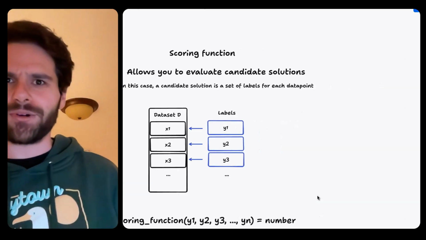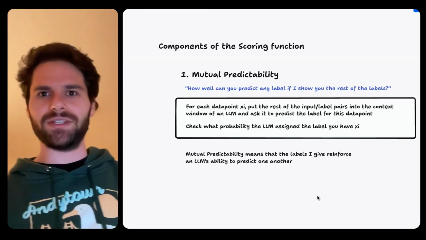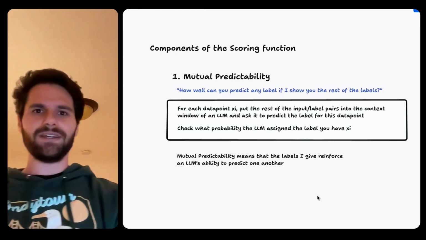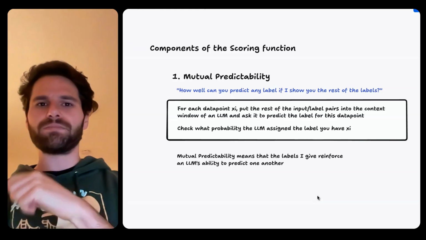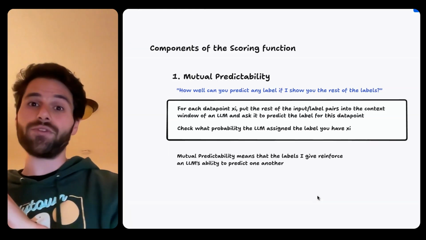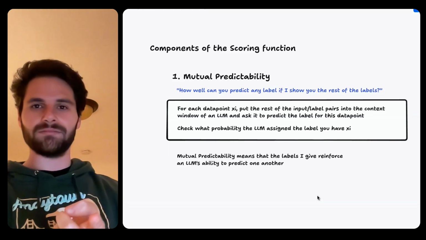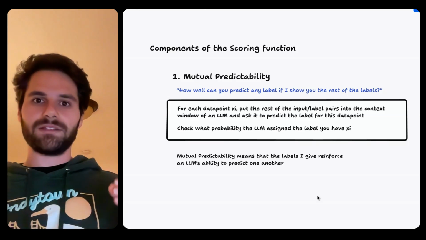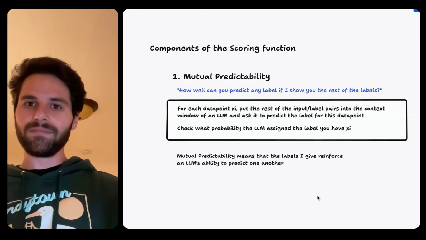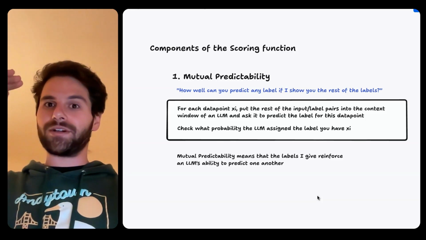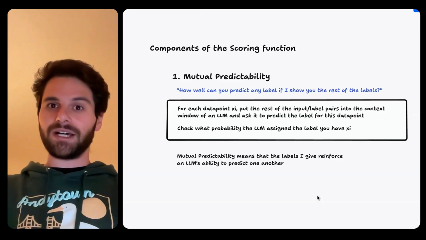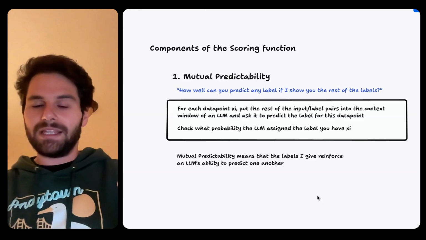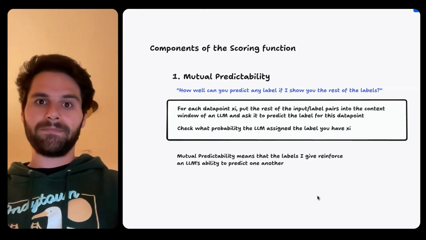So how do they score these things? They use two components. The first one is mutual predictability, which is how well can you predict any label if I show you the rest of the labels? So what this means is you take a single data point, let's call this one x sub i, and you put all of your other inputs and labels in the context window, and then you try to get it to predict the label for x sub i.